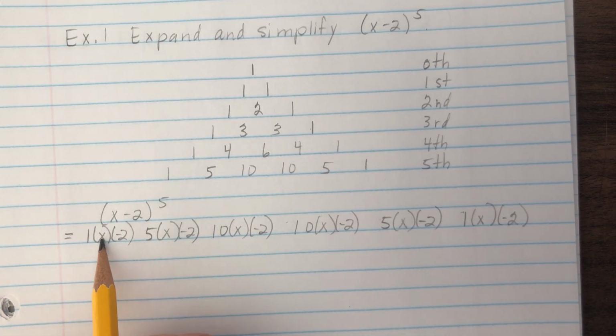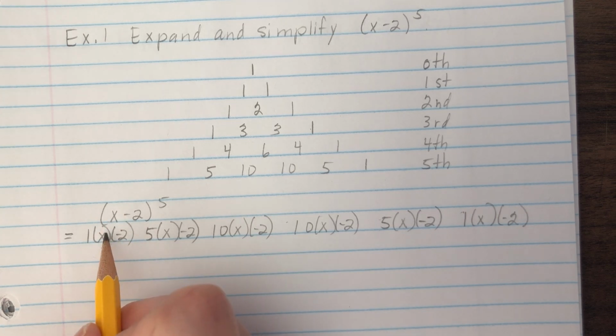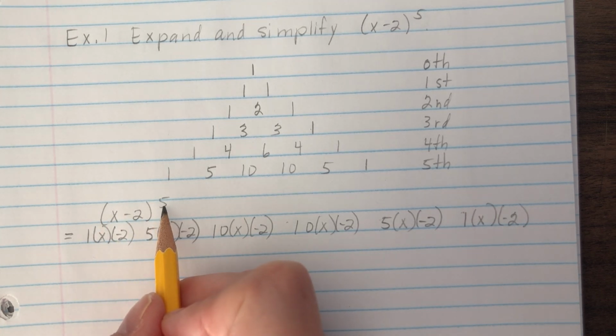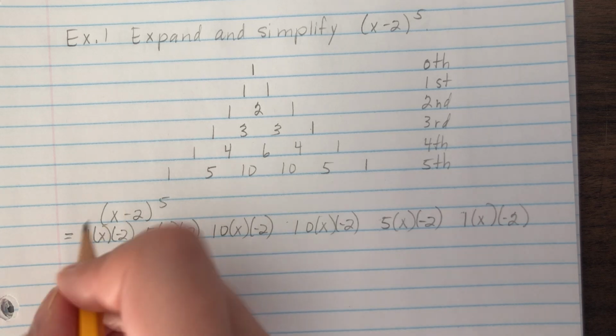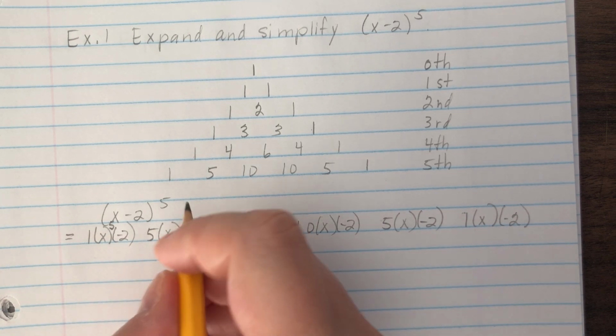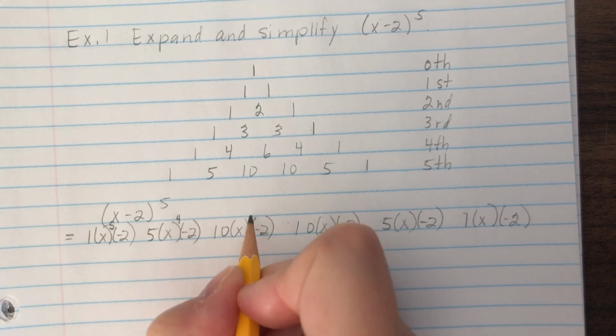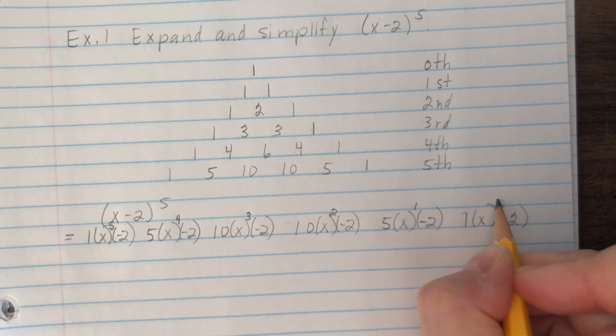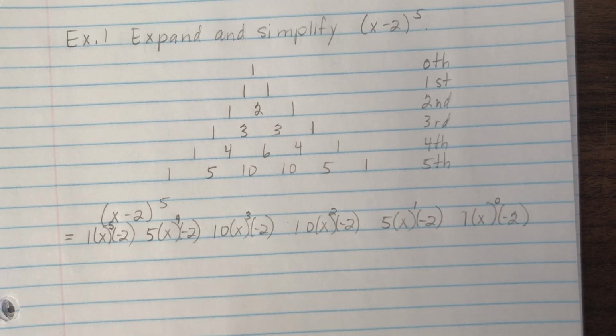For the first term in your binomial, you're going to start with the same exponent as you see in the question, so an exponent of 5. And then you're going to decrease by 1. So the next exponent on x will be 4, and then 3, 2, 1, and 0. Okay?